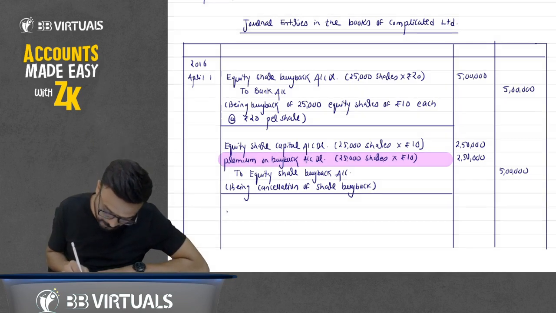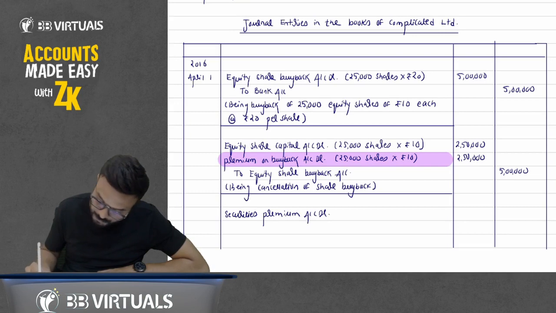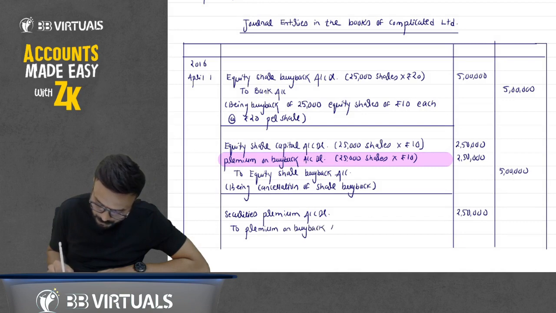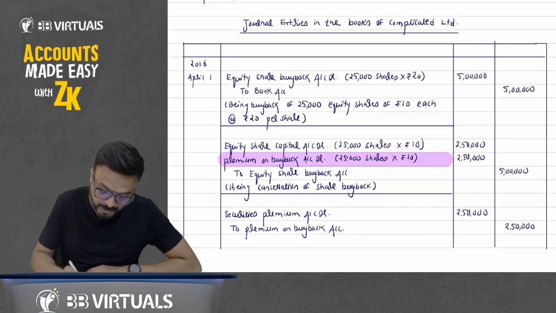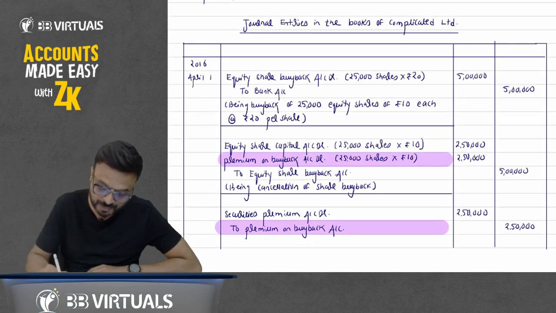Securities premium account debit 2,50,000 to premium on buyback account 2,50,000. Okay, so here you have debited this premium on buyback and then you have credited it. So you have cancelled this premium on buyback against securities premium.